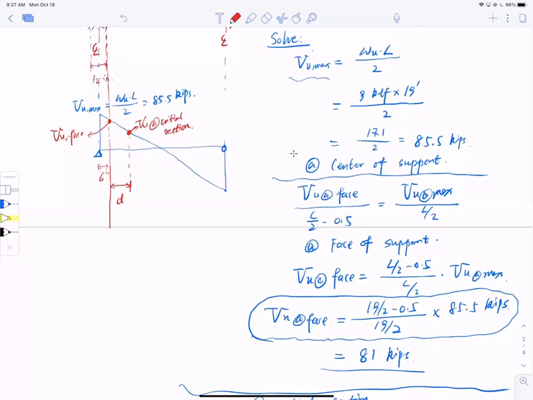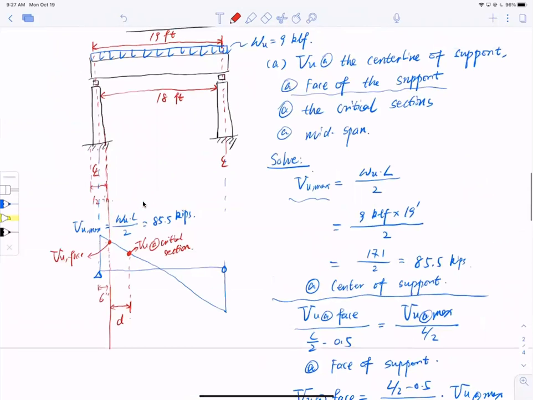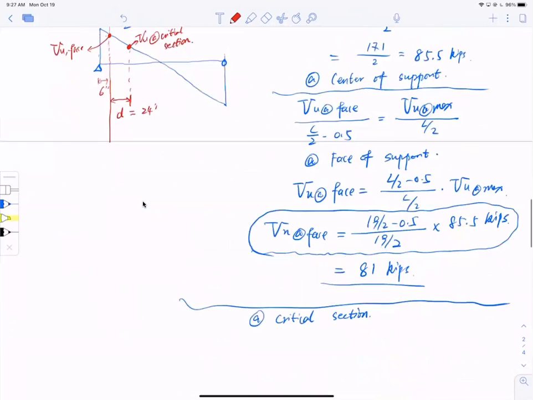What is the depth of beam? We don't know. I have no idea what the depth of beam is, so I'm going to throw in a number. I'll say the depth of beam equals 24 inches.